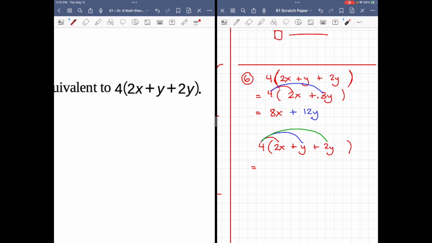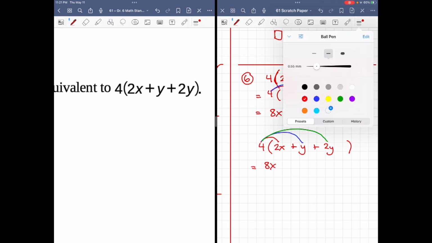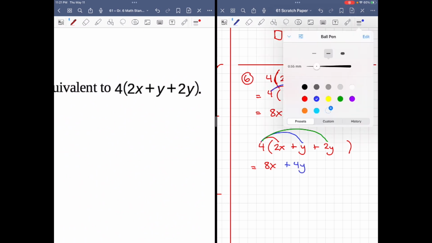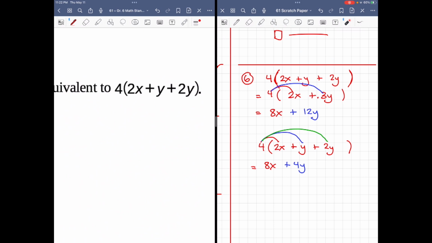Red step. 4 times 2x equals 8x. Blue step. 4 times y equals 4y. So plus 4y. And finally, the green step. We have 4 times 2y equals 8y. So write down plus 8y.